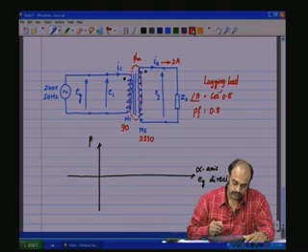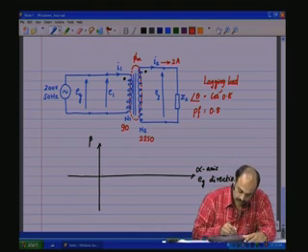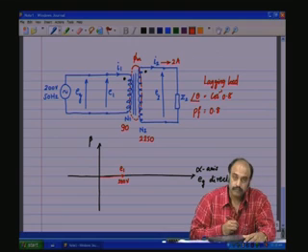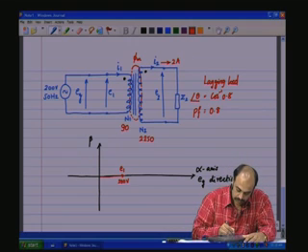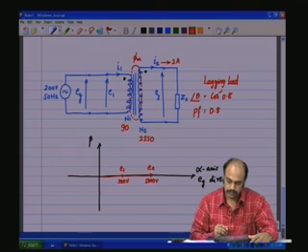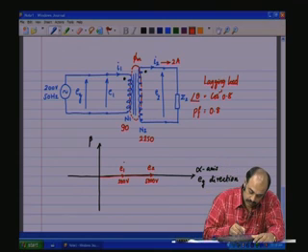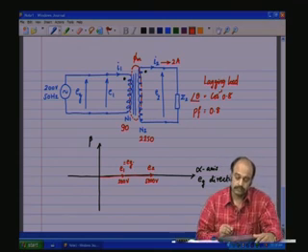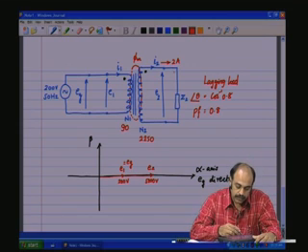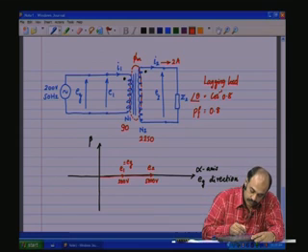So, we have E1, which is 200 volts, and we have E2, which is 5000 volts. E1 equals EG, of course. And what is given is a lagging load. I2 is lagging E2.